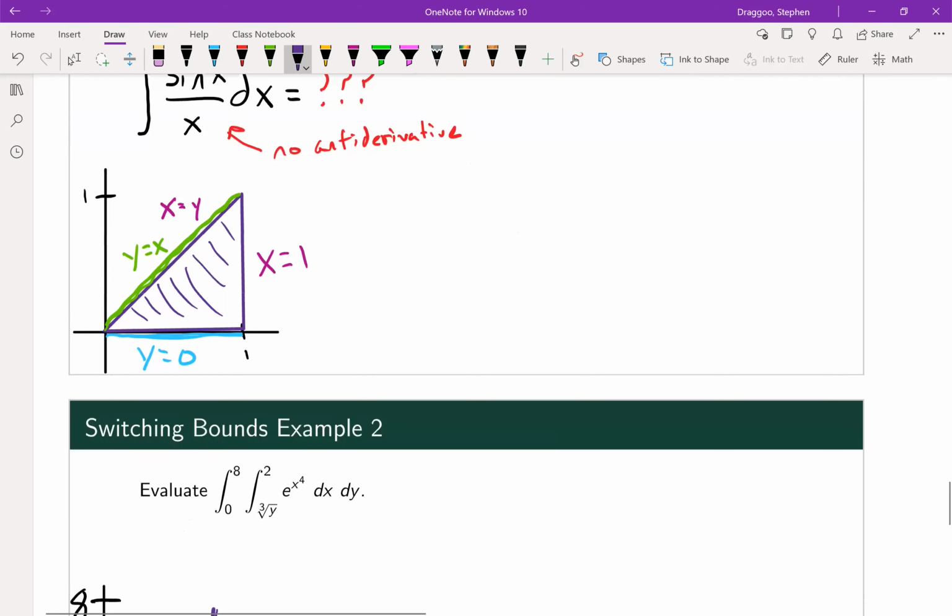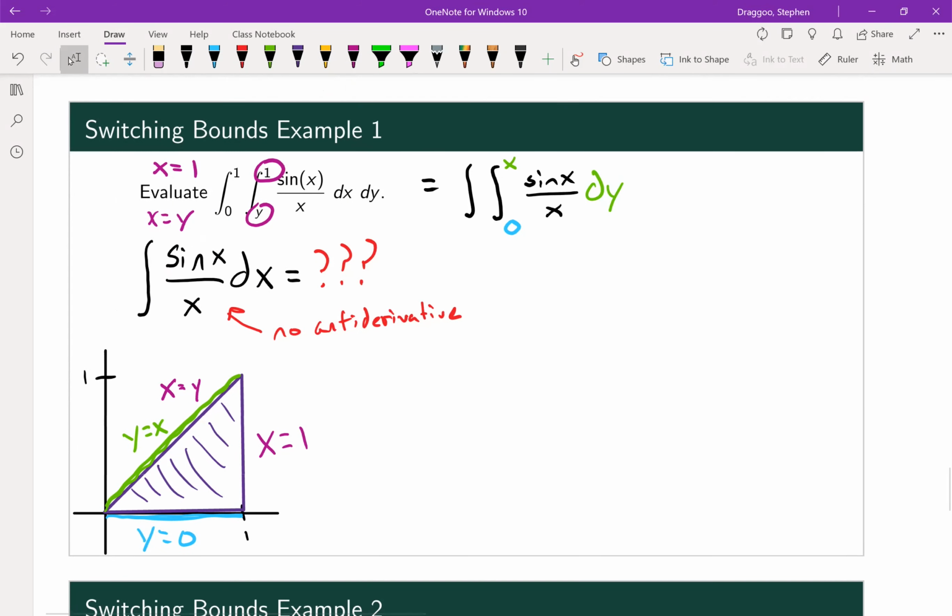We've changed things around, and I don't want to use magenta again, so let's just switch to purple. So we'll have dx, where we'll need to find bounds now for x. So a left bound and a right bound for x, which looks like it's going to be 0 out to 1, since we look at that line over here, where x equals 1 was our right bound.